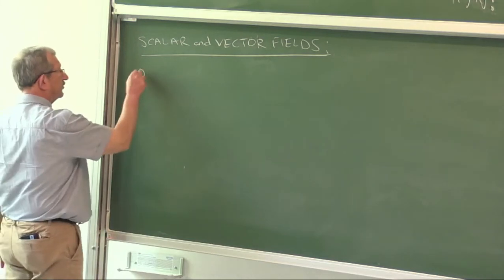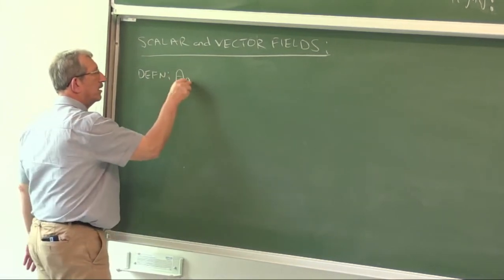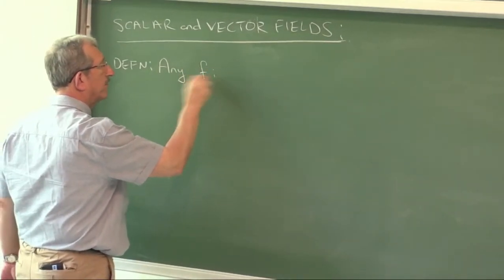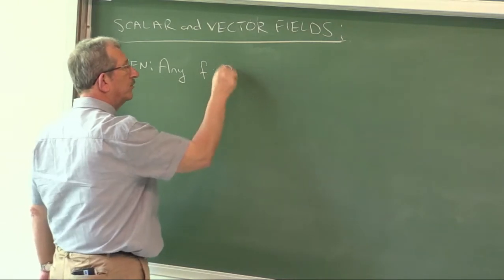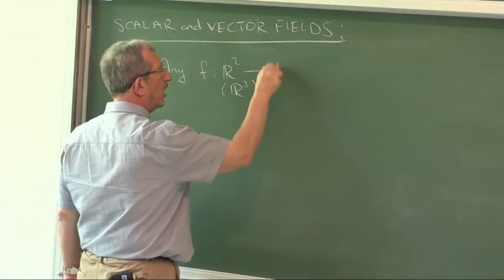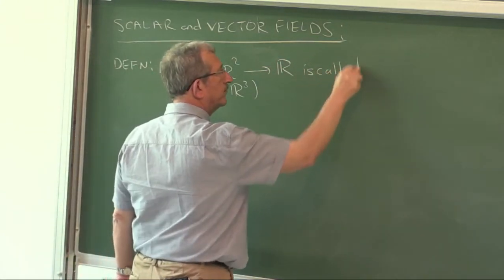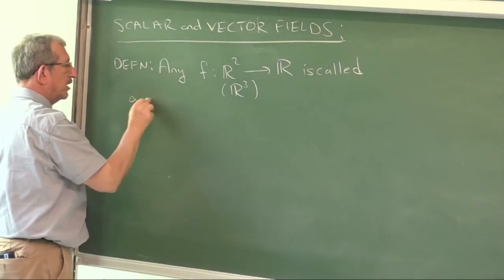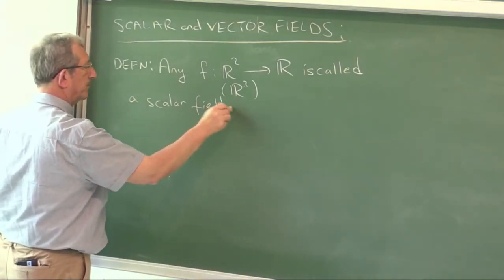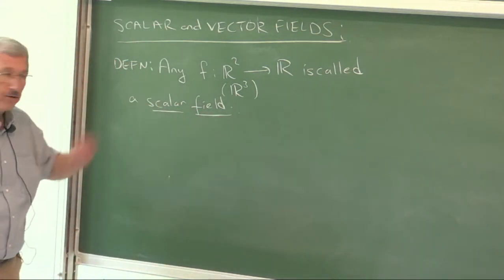Well, so, definition. Any function, say f from R2 or R3 into R, is called a scalar field. In mathematics, it's just a function.